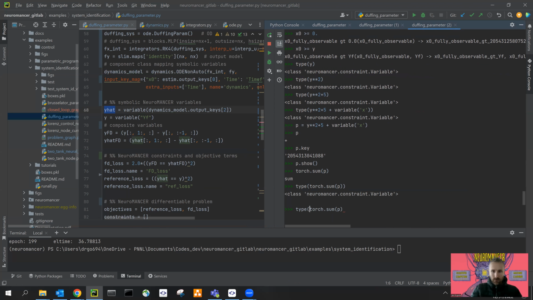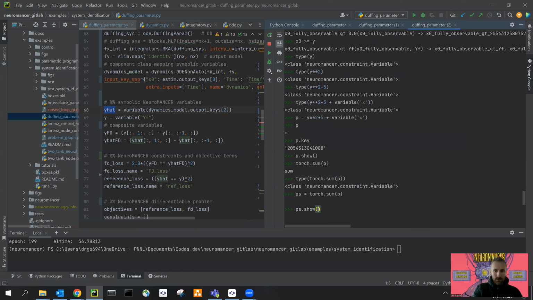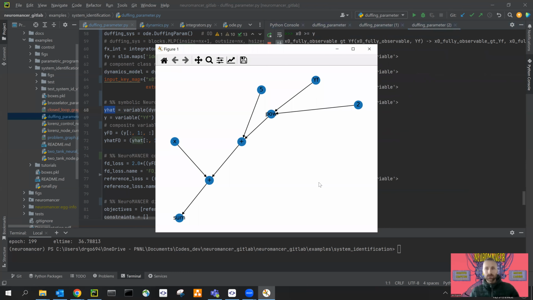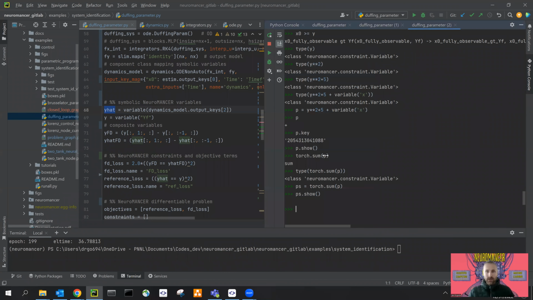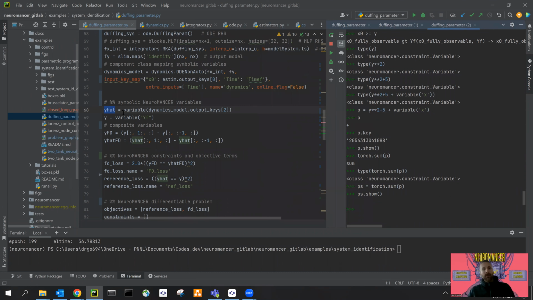So let's call it PS and show PS. Now you basically expanded this symbolic computational graph with an extra node that represents the PyTorch callable. So it's a very flexible way of defining symbolic computational graphs that goes on a low level.